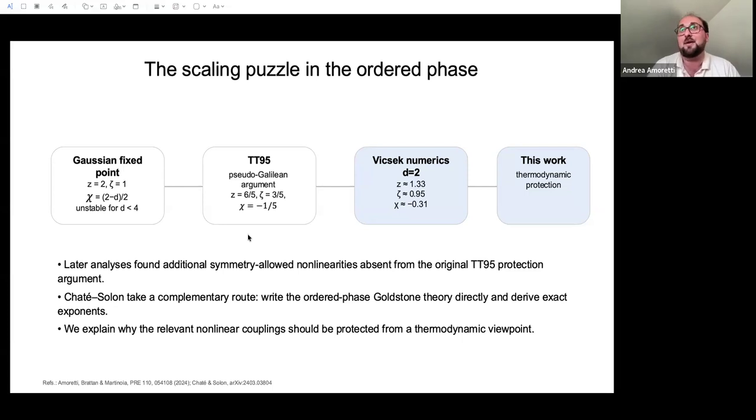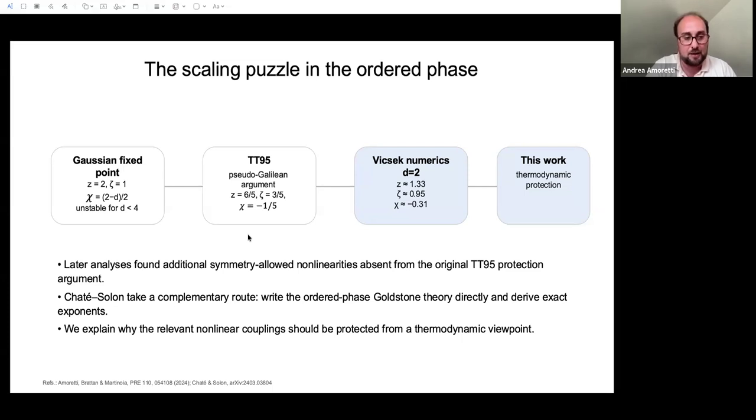So at the very end, even just up to 2 years ago, we were in a situation where it was not clear if the Toner-Tu equation was indeed an effective equation for the Vicsek model or not, and most of all, what was the exact scaling of the fixed point, even in the Toner-Tu system. Okay. So it was there that we came in, using our technique to try to solve this problem.